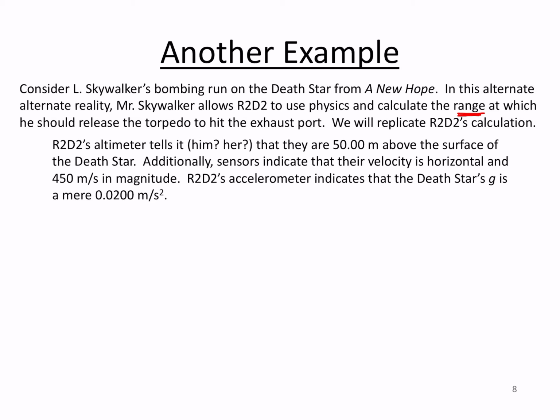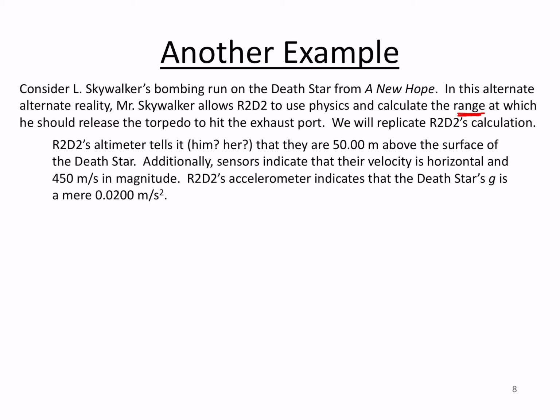Now, the one thing that you would expect to change for a projectile like this on the Death Star versus here on Earth is the value of g, okay? And when I was setting up for this problem, I thought, well, let's see if we can calculate g for the Death Star. And they don't have these things recorded, surprisingly.